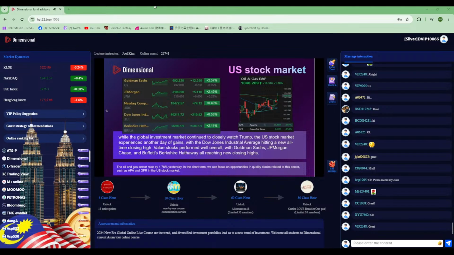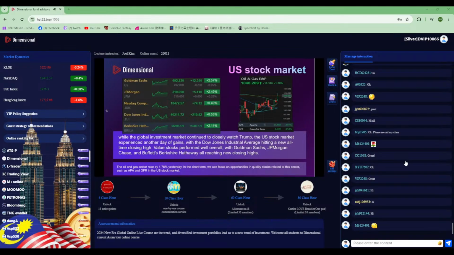Okay, and also the oil and gas sectors rose by 1.78% yesterday. So in the short term, we can focus on opportunities in quality stocks related to these sectors, such as APA and GFR in the US stock market. This is in the US stock market, all right?